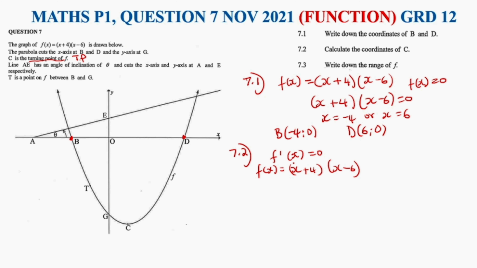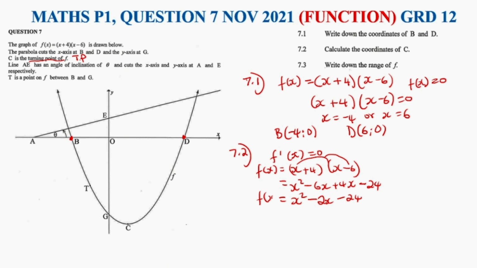We're going to do binomial here. To remove the brackets it is going to be x squared, minus 6x plus 4x, and then 4 times negative 6, which should give us negative 24. So here we go: x squared negative 6x plus 4x is going to be 2x, minus 24.